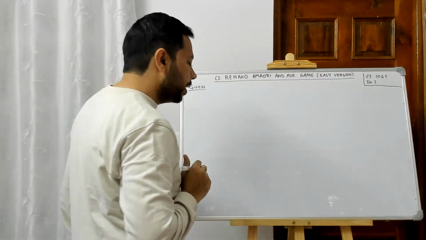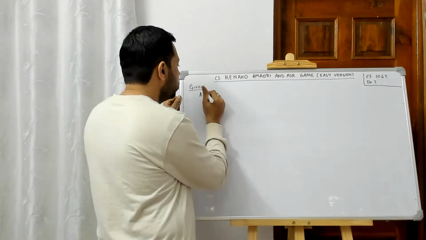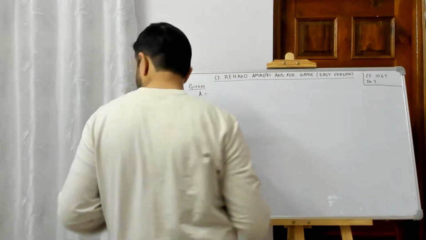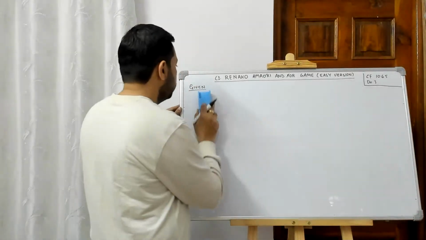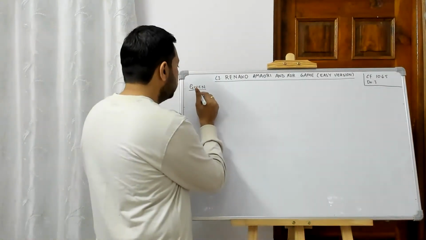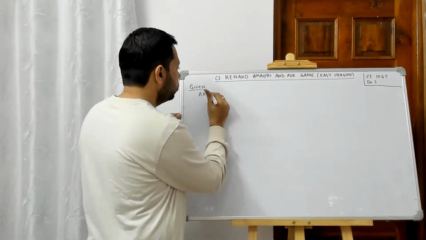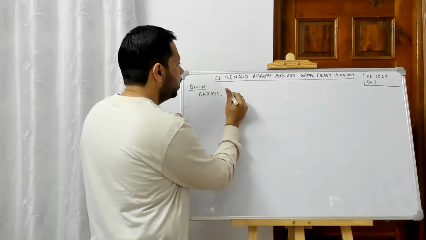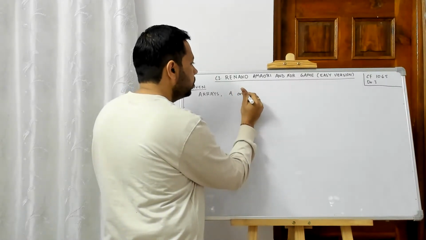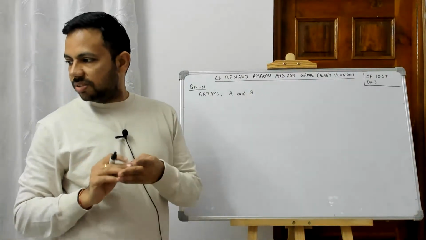You are given two arrays, A and B. What is the range of numbers?